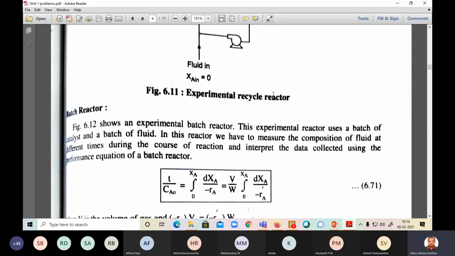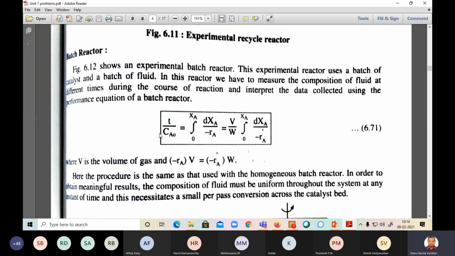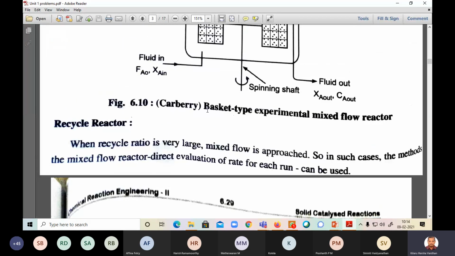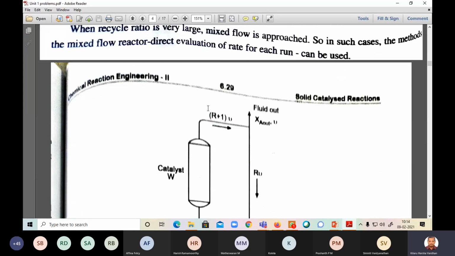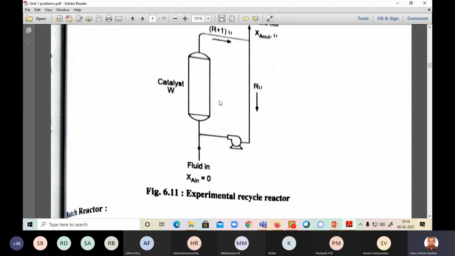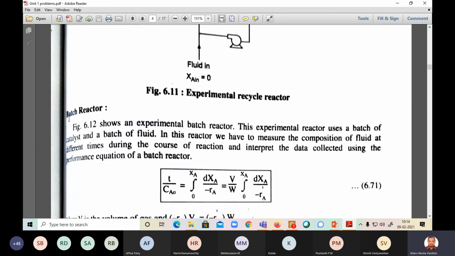What is the equation for a recycle reactor? Earlier we discussed that, the R by R plus 1 form. We can use the same expression as in the previous homogeneous reactions, right?